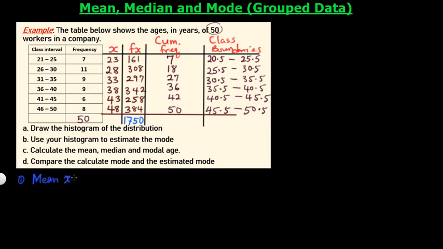Recall that the mean has the formula summation fx over summation f, and the summation fx is what we have here, which is 1750 divided by 50, which is the frequency, and that gives us 35. X, the mean, is equal to 35 years. That's 35 years for the mean. So the next thing is the median.